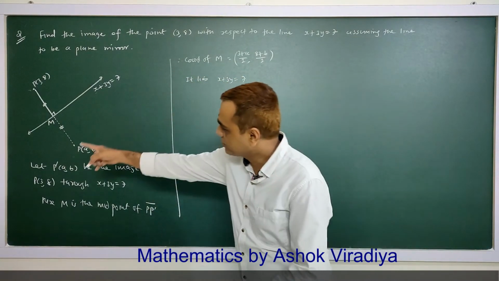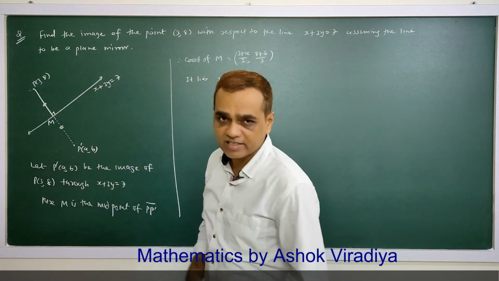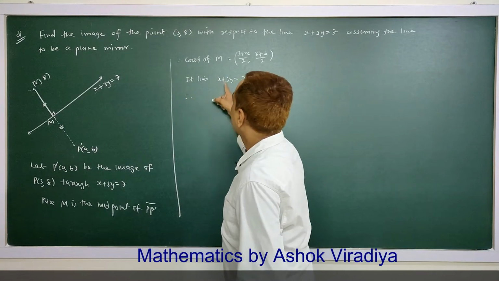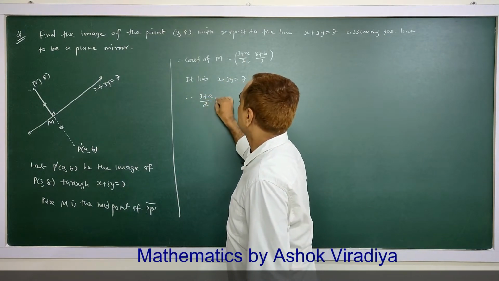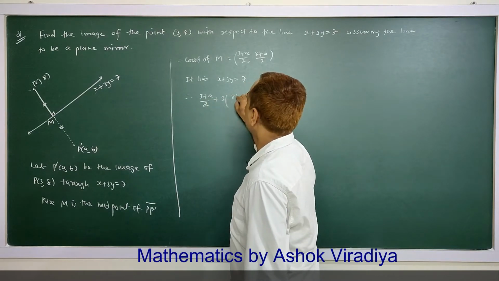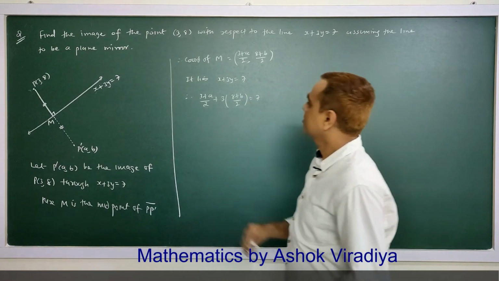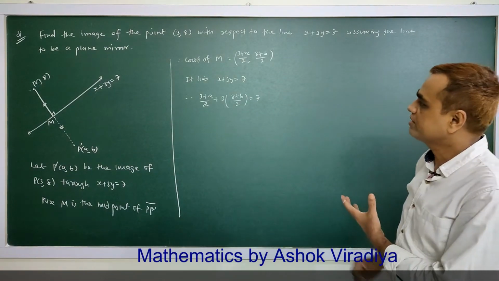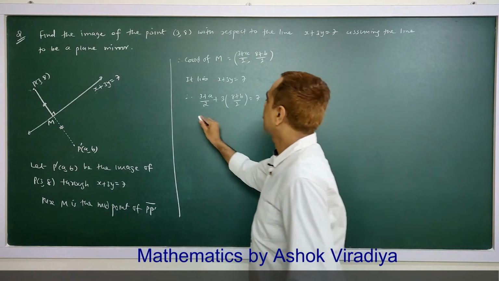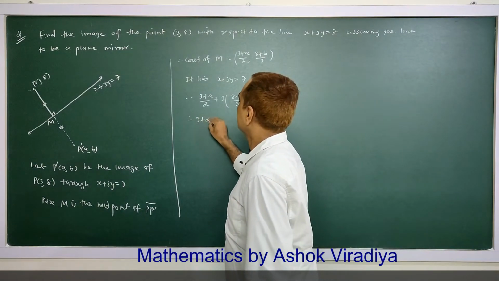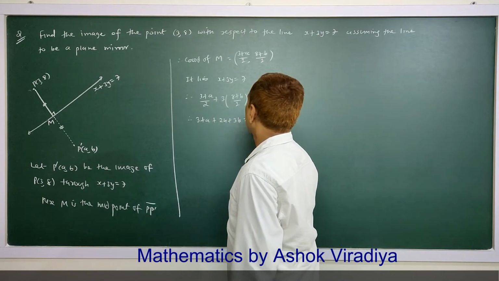Because M lies on this line, its coordinates will satisfy the equation of the line. So putting x = (3 + a)/2 and y = (8 + b)/2 into x + 3y = 7, we get 3 + a + 24 + 3b = 14.